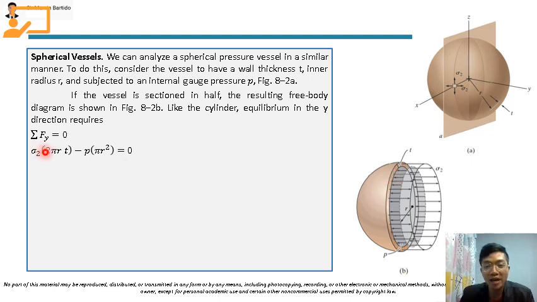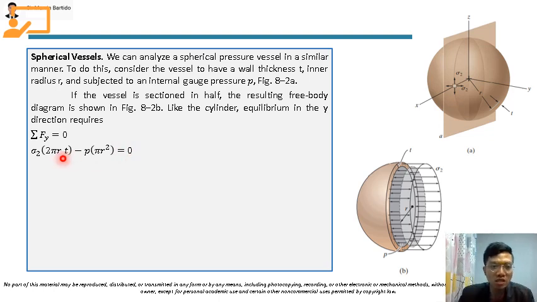So that will be 2 pi rt. And then since the pressure is opposite in direction, that will be negative here. And then we will multiply the pressure by its area to make it a force. The area wherein the pressure will act will be the area of the inner circle here, which is pi r squared. So that will be equal to 0.